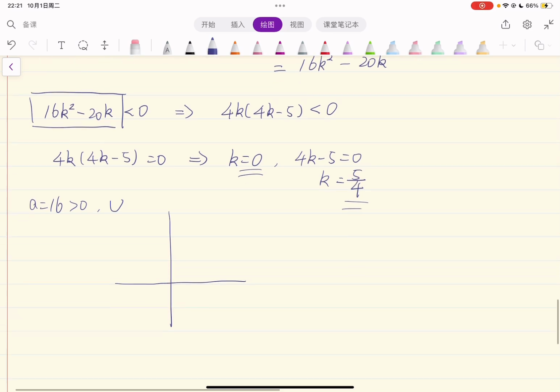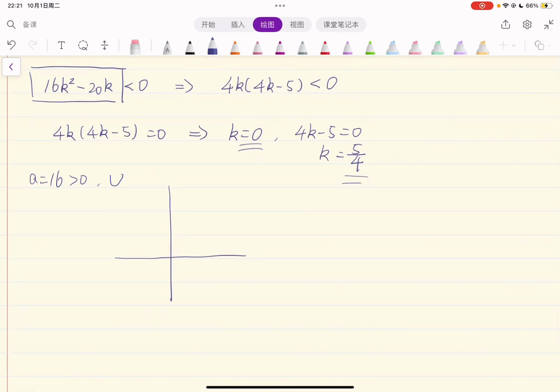And the critical values, the roots of this function, are 0, so here 0, and maybe here is 5/4. So the axes, and then the curve of this function will look like that, right?